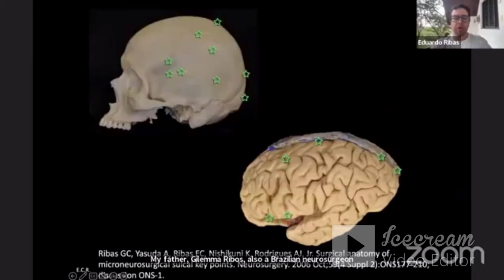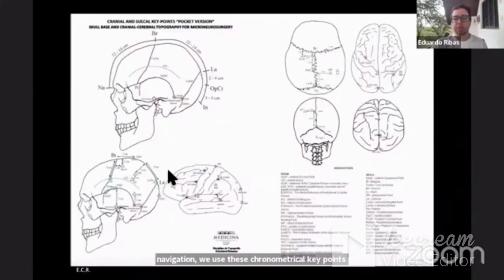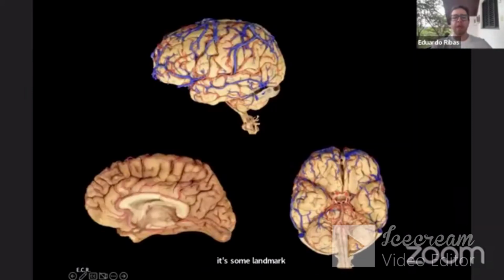You can look at it in the Neurosurgery journal, where we put together all these relationships. If you want to place your craniotomy related to a given sulcus, and you don't have technology, for example neuronavigation, we use these craniometric key points. They are landmarks that make it easier.